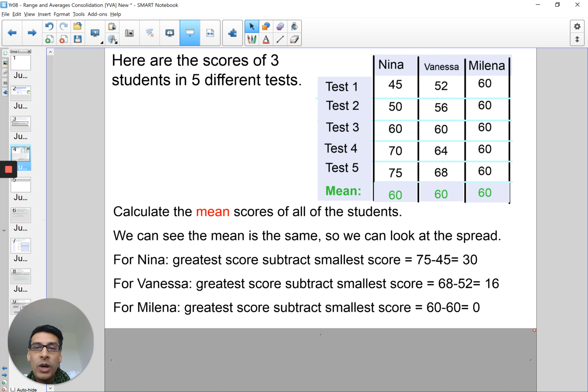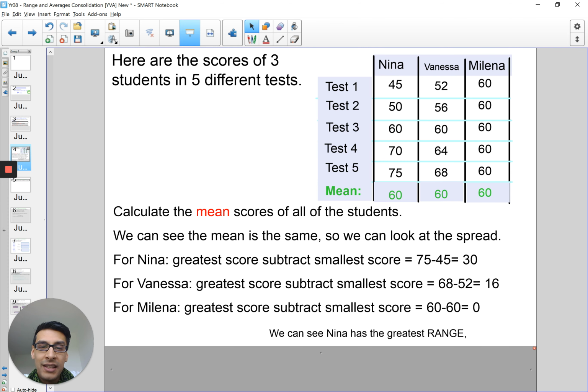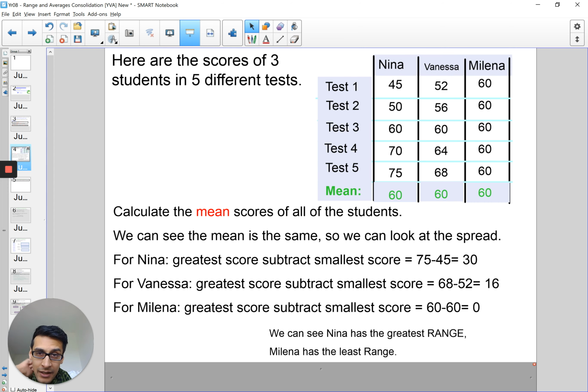So the way we might describe this data is we can see that Nina has the greatest range, so she's inconsistent. Milena has the least range, so she's very consistent. It doesn't necessarily mean she's the best person on this data set.